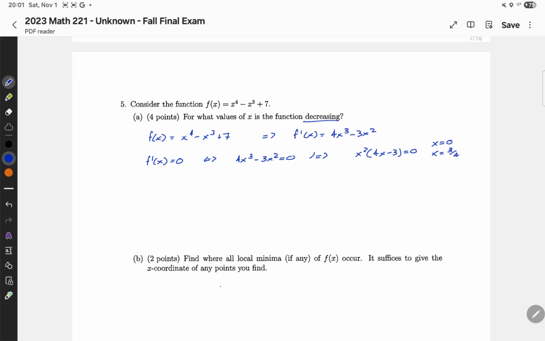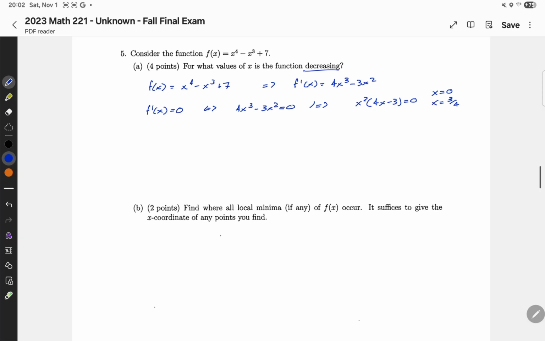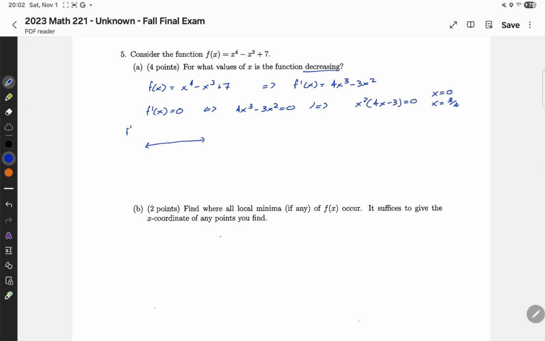Just like that. If you want to write this all out on scratch paper, go for it as well. Okay, so now we can look at a number line. Like I said a second ago, now that we have these points, we know this is when it's 0, and on either side, it's going to be positive or negative. This is called number line analysis. We're going to look at when it's 0, when it's 3/4, and we're going to look at either side of this.